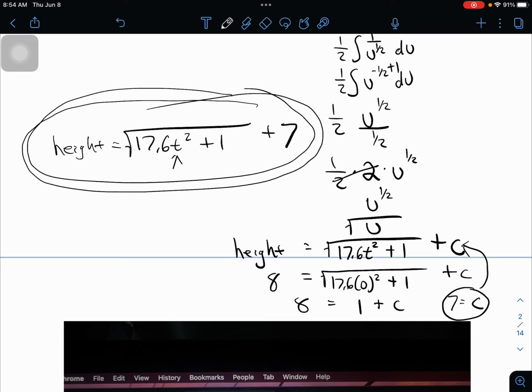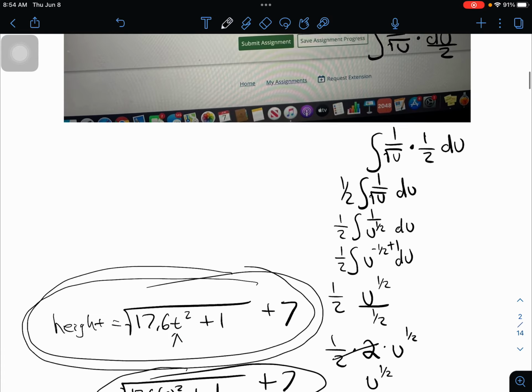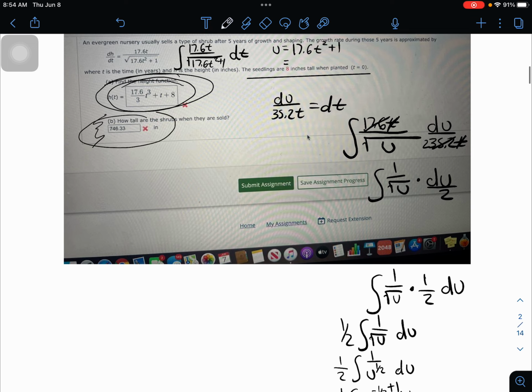And then I figure out what that's equal to. So to solve that second part, it's going to be the square root of 17.6 times 5 squared plus 1, plus 7. Put that into your calculator. That right there will give you this answer right there. And that's how you do this one.